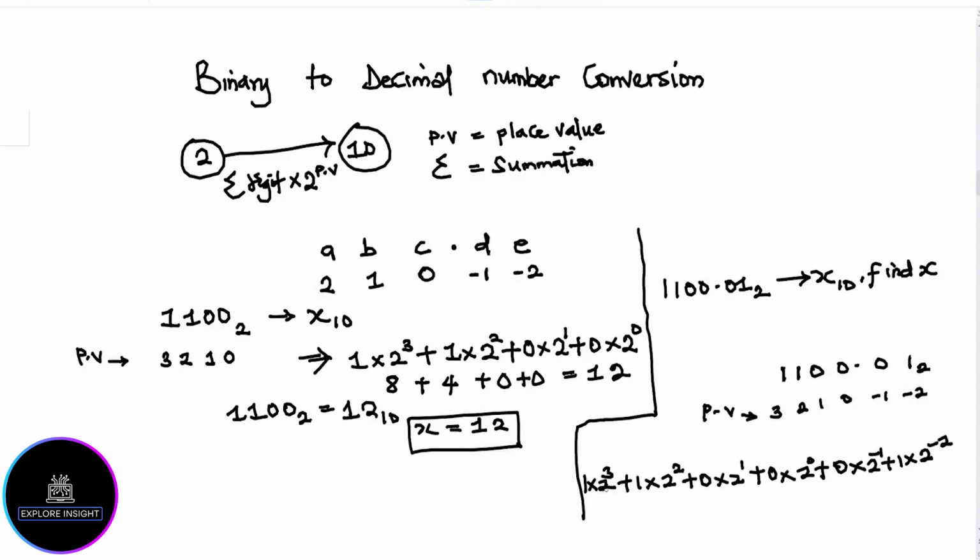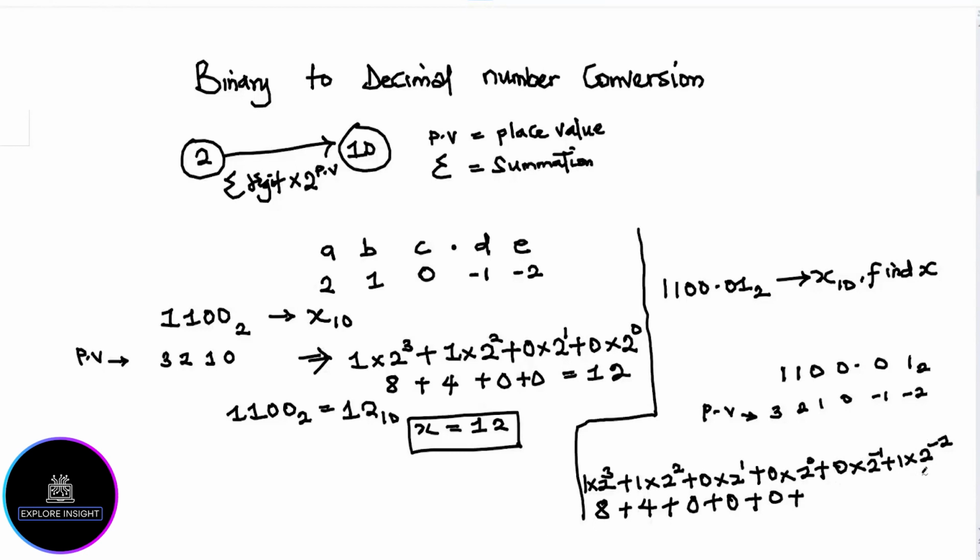So at the end of the day, 2 raised to the power 3 is 8 times 1 is 8, plus 2 raised to the power 2 is 4 times 1 is 4, plus anything multiplied by 0 definitely is 0, plus 0 plus. Now 2 raised to the power minus 1 is 1 over 2, which is 0.5, multiplied by 0 is still 0.